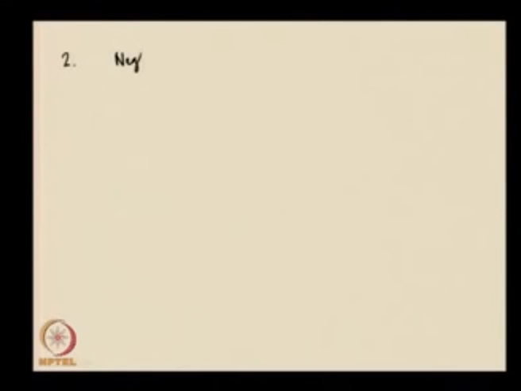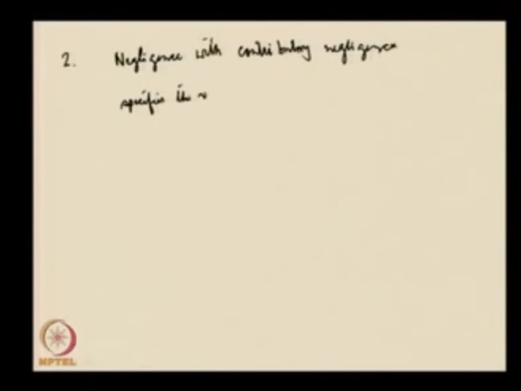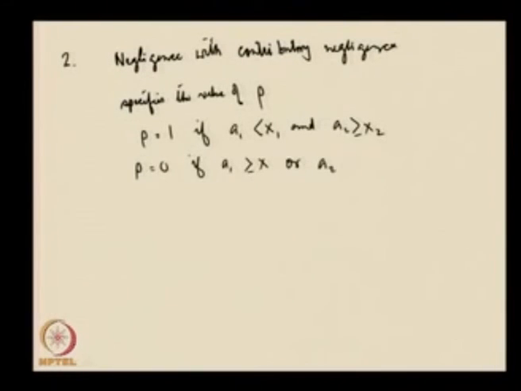So, negligence with contributory negligence basically specifies the value of rho, and it is given as the following: rho is equal to 1 if A1 is less than x1 and A2 is at least x2, where x1 and x2 are the norms set by law.